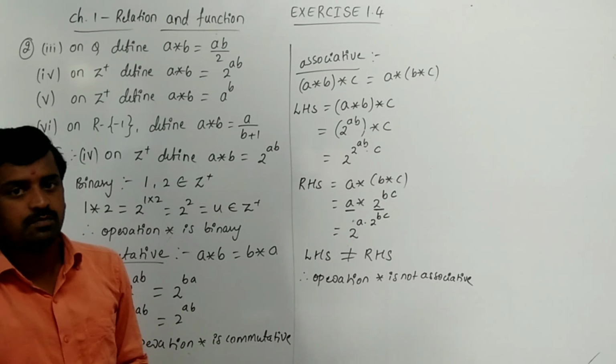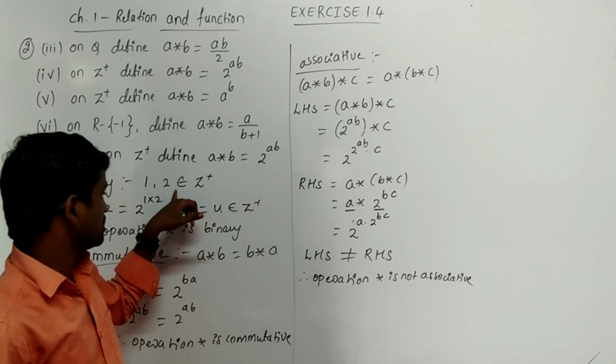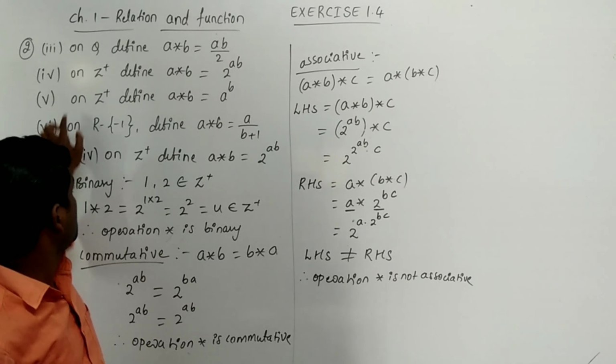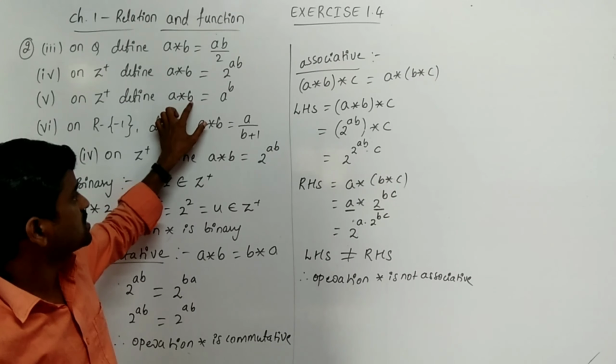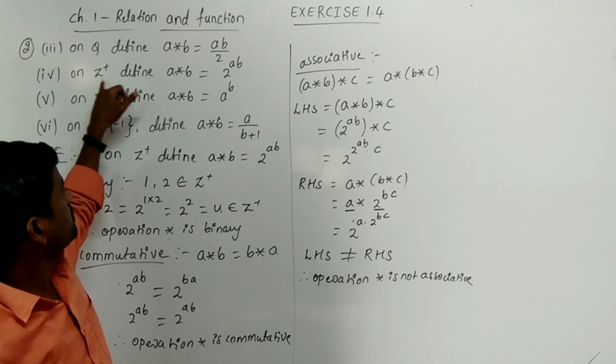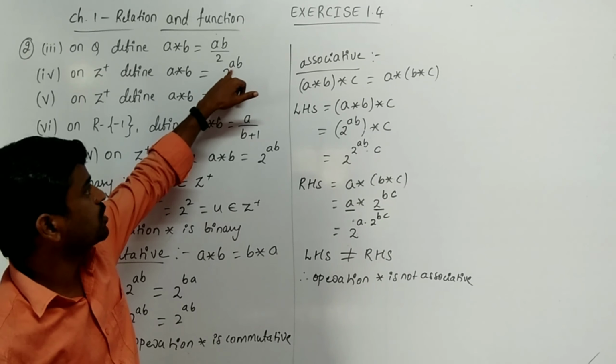Take any positive integers as an example. On Z plus, define a star b as 2 to the power of a into b.